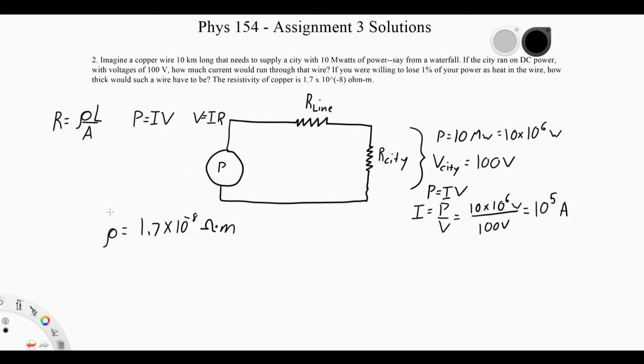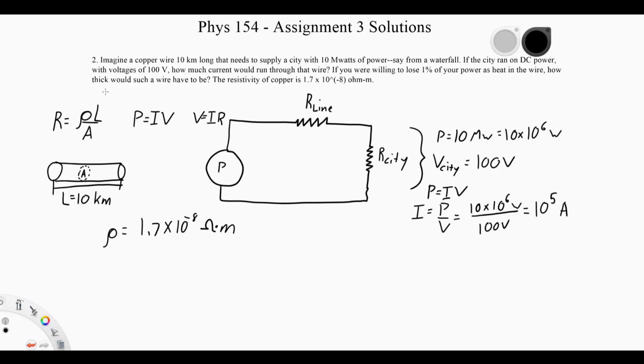So if we were going to look at our wire, it looks something sort of like this. It has some length L, which we are told is 10 kilometers. It has this innate resistivity rho, and the cross-sectional area is just the area of the circle that made up the cylinder that is our wire.